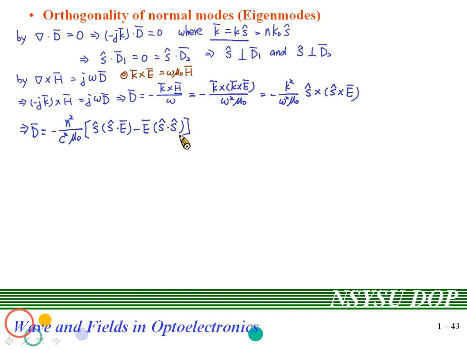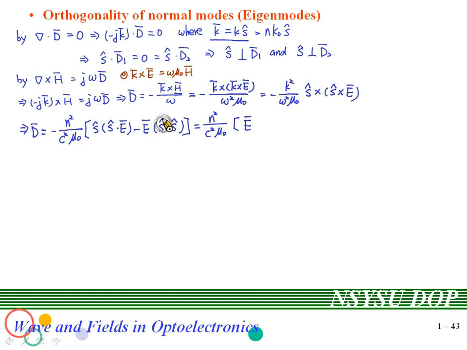Okay? Then we take the minus sign into here. You will have n squared over c squared mu sub 0. And inside here, we first deal with this one. After taking the minus sign into here, this term will become positive. We have the E field first.